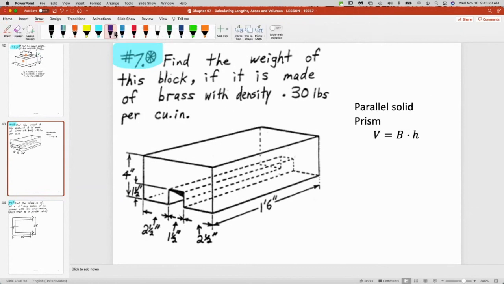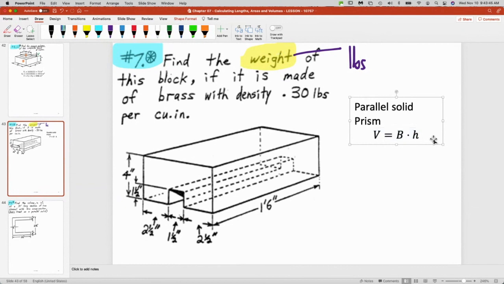Now I mentioned to you mass and weight are not the same, but when it comes to the imperial system, the units for mass and weight are the same. So when we're trying to find out the weight of the block, ultimately our final answer is pounds, or pounds of force. We're going to need two formulas. I've given you the formulas on the side here.